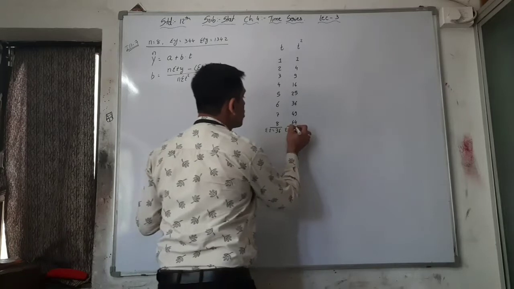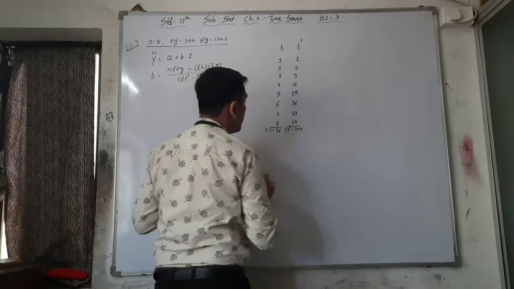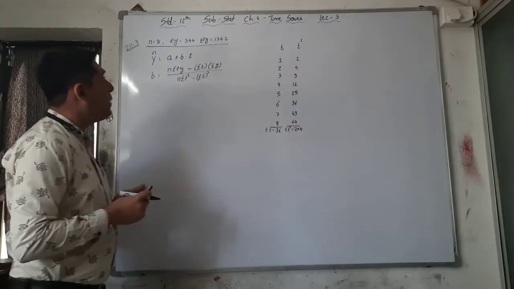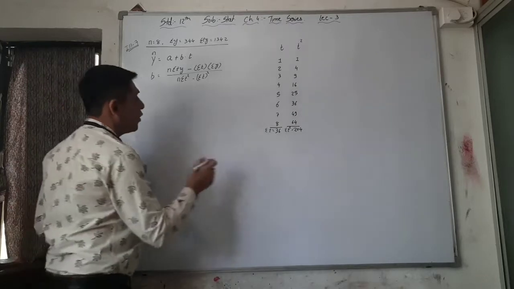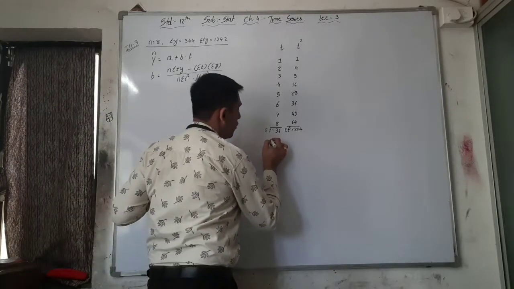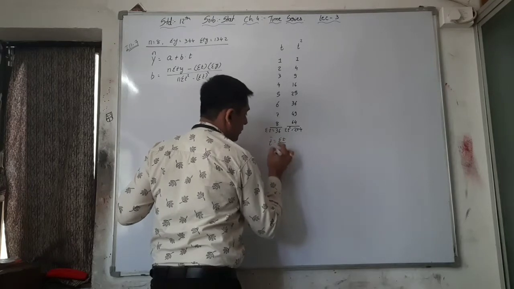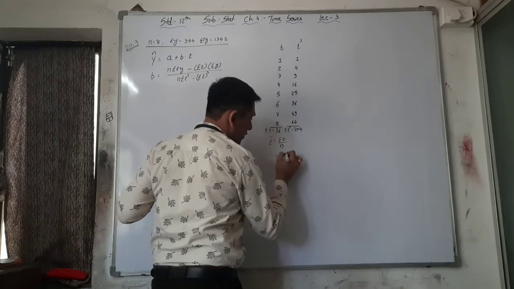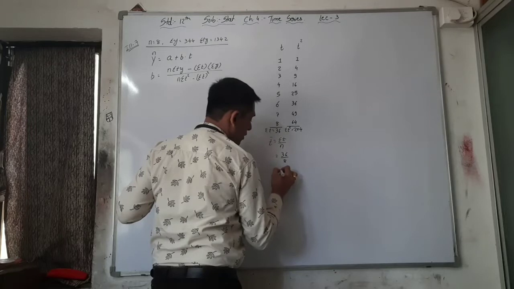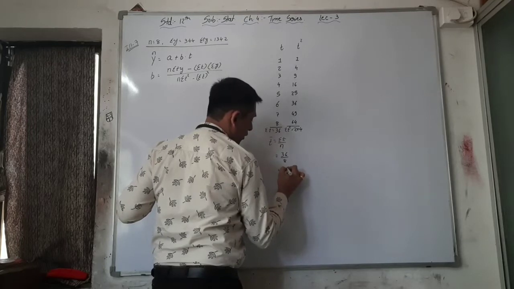Here the total is 204. Now we have to find out t bar for a. Here t bar is equal to sigma t upon n, that is 36 by 8, which is 4.5.